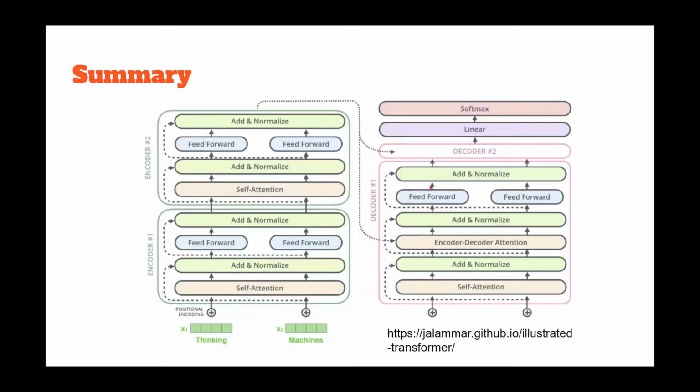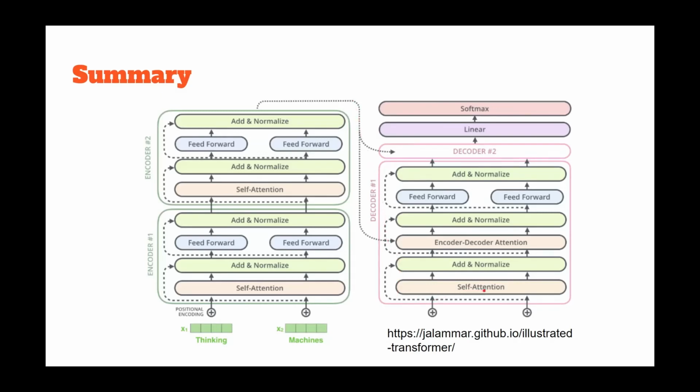So this is the overall summary of the architecture. We convert the source sentence to input embeddings, add the positional encodings, and you have the self-attention layer, then on top of it the add and norm layers and the feed forward layers. You have multiple encoder blocks like this, up to 6. The output of the last encoder block, which is a representation of the source sentence, is passed to all the decoder layers.